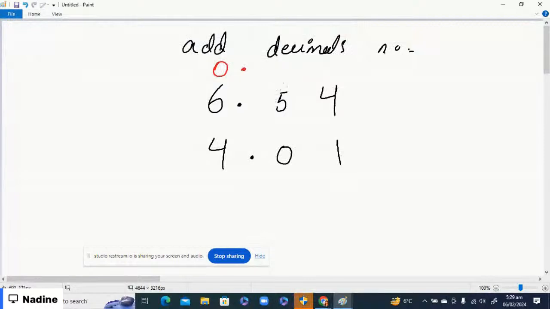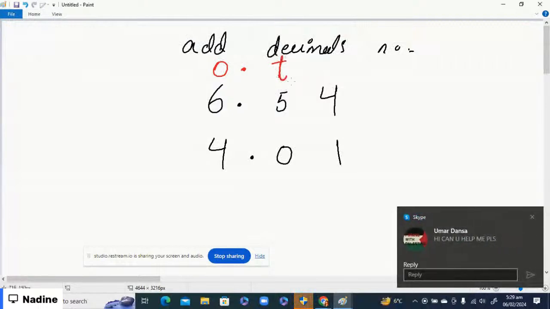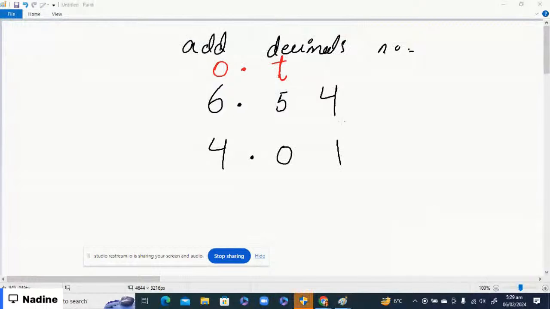Then it's point. 5 is on the tens place, I'm putting a small t for that. And this 4 is on the hundredth place, so I just need to put H here. Now just simple addition. So 4 plus 1 is 5. Then 5 plus 0 is 5. Then the point as it is. Then 6 plus 4 is 10.